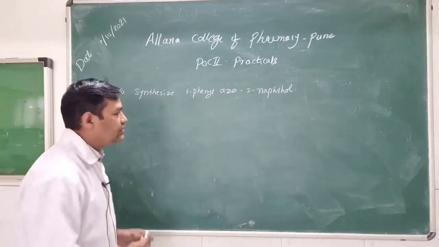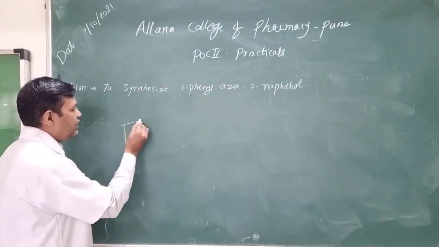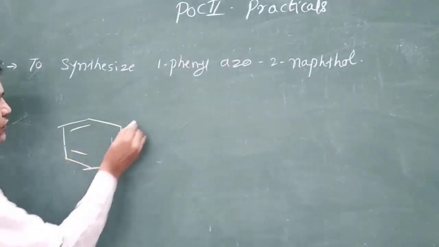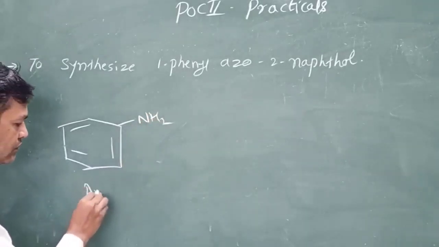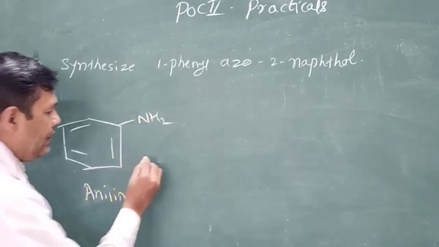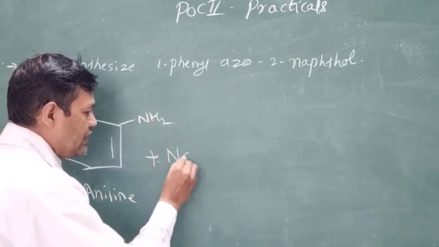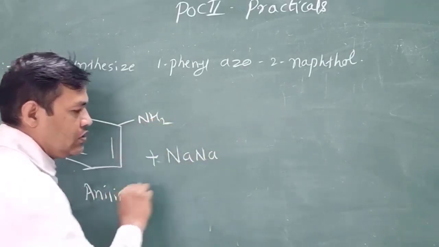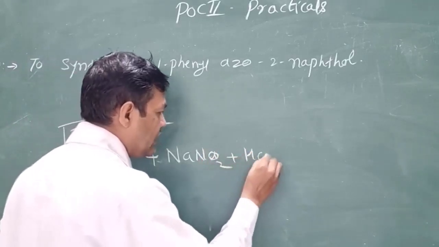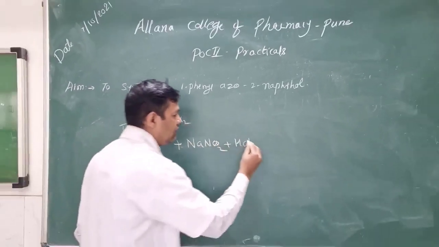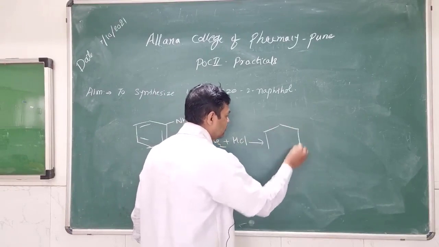In this reaction, that is step 1, we are using aniline, and this aniline we are diazotizing with NaNO2 and concentrated hydrochloric acid. So we will be getting a diazonium salt.